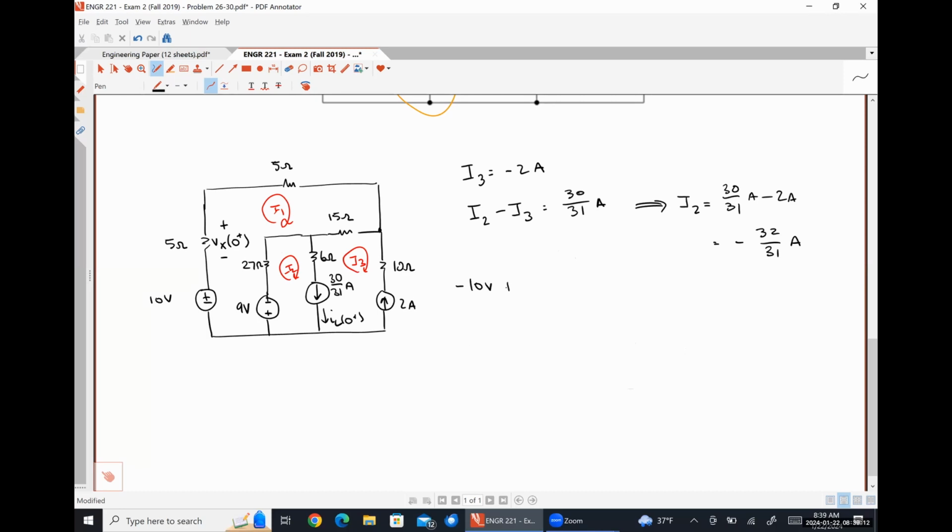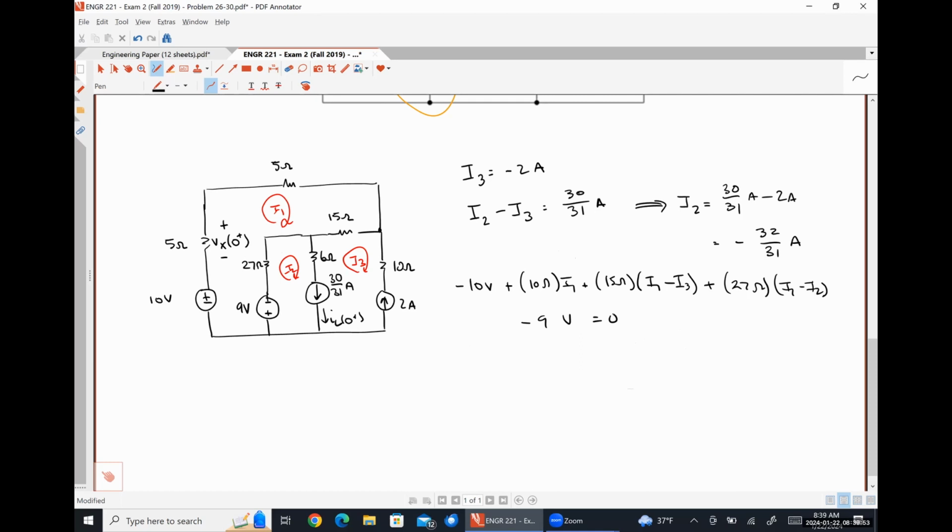So negative 10 volts, I'm going to lump these together, 5 plus 5 looks like 10, I1, and then we're going to have 15 (I1 minus I3), and then 27 (I1 minus I2) minus 9 volts is equal to 0.